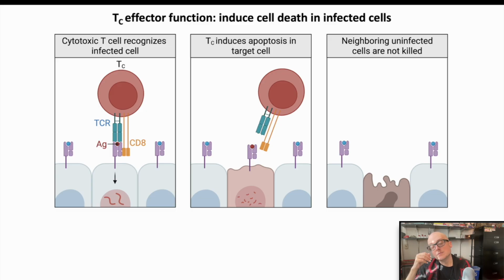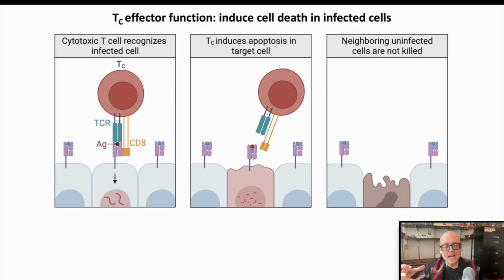And so this is a key idea in immunology, that the process of antigen presentation is helpful because it makes sure that T cells, or cytotoxic T cells in particular, are only inducing cell death exactly where it needs to happen and not harming healthy bystander cells.